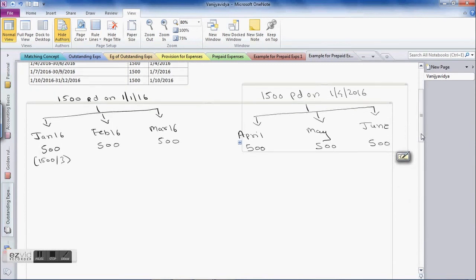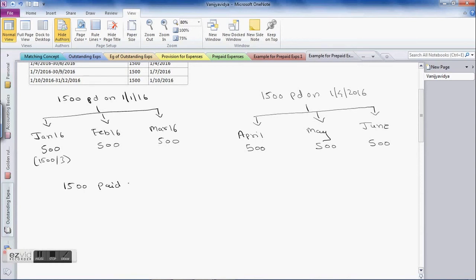Okay, now the third installment is paid on what? Paid on 1/7/2016. This is for the month of what? July, August, September. Right? And how much is the amount again? Amount is 1500. So 1500 for 3 months.